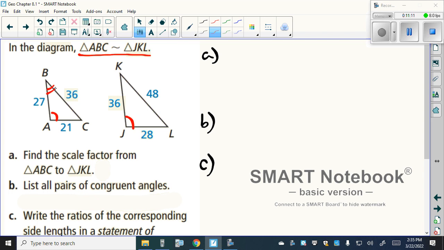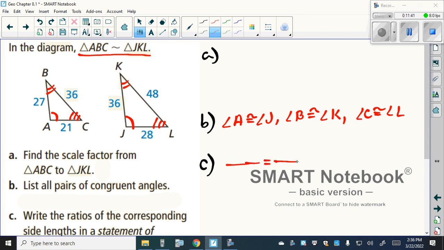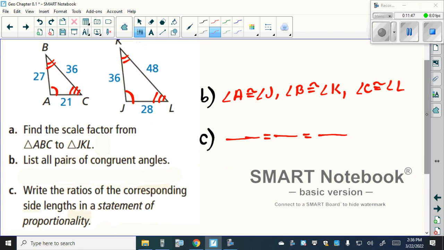So B came second, and then K came second in the other, which leaves us with saying angle A is congruent to angle J. Angle B is congruent to angle K, and angle C is congruent to angle L. Any questions on part B before we look at part C?